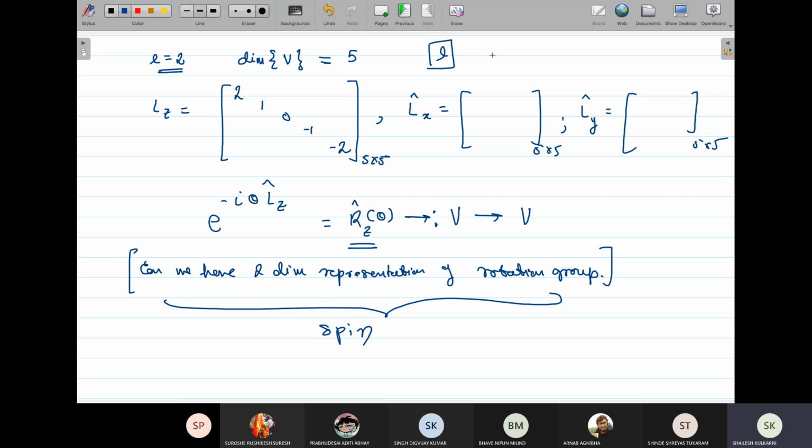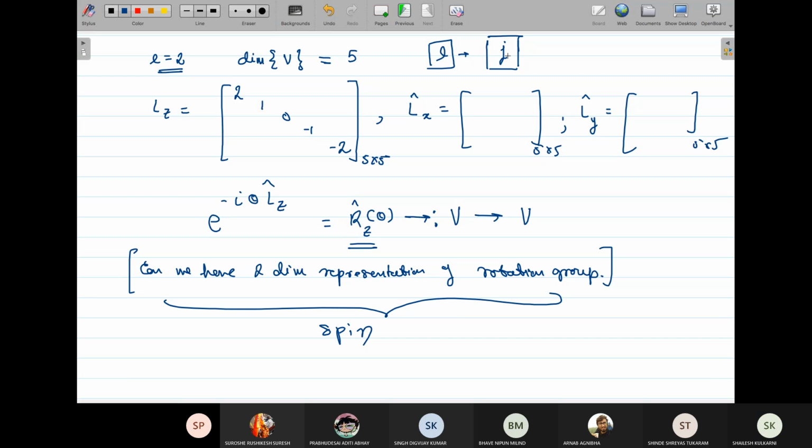In general, we don't use the label L, we use J. So J is the index which specifies which representation you are talking about. You tell me J, I will tell you which representation I am talking about, and then I can give you all these matrices for that. It's not only the dimensionality; I can give you the full matrix for a given J.